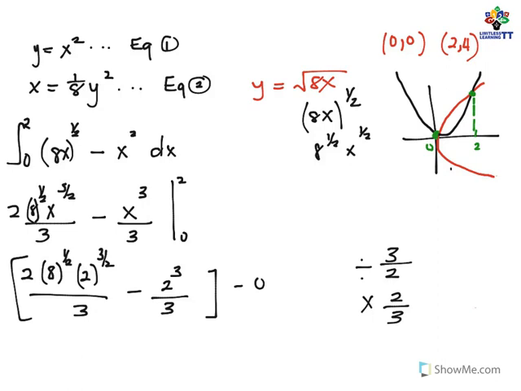Then now we're going to simplify, which is the fun part. Right, so this 2 is 2 to the power of 1, times 2 to the power of 3/2.